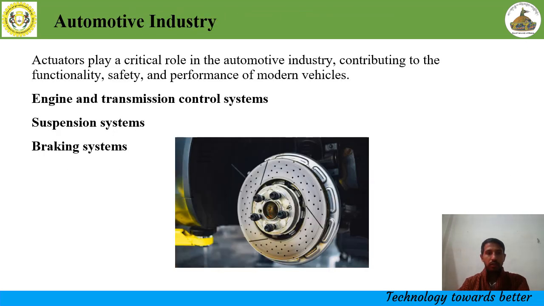Now let us discuss the application of actuators in automotive industries. Actuators play a critical role in automotive industries, contributing to the functionality, safety, and performance of modern vehicles. These actuators are used in systems such as engine and transmission control systems, suspension systems, and braking systems.